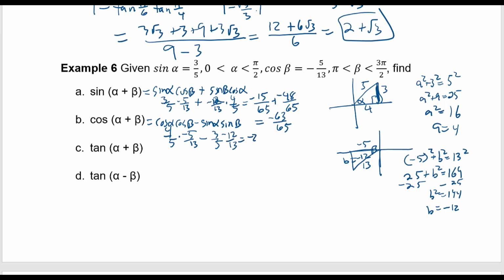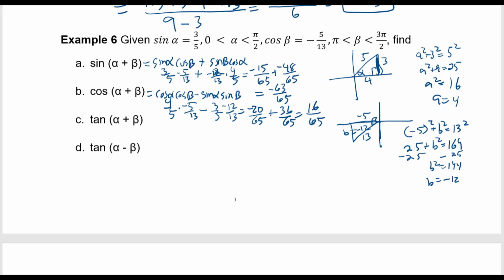So we have negative 20 over 65 plus 36 over 65. So it looks like we have 16 over 65. Now we're on to tangent of alpha plus beta. We didn't come up with the tangents before, we just did the sines and cosines.